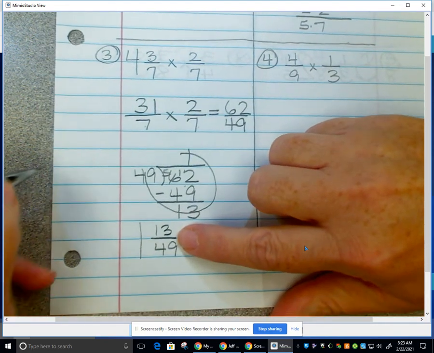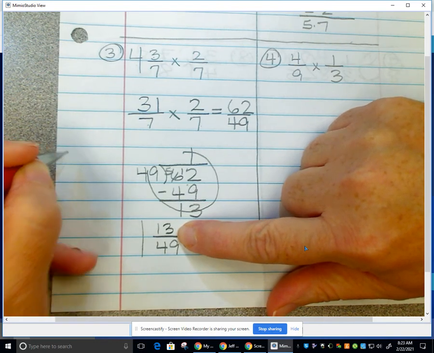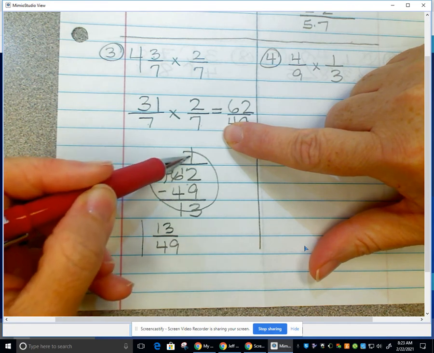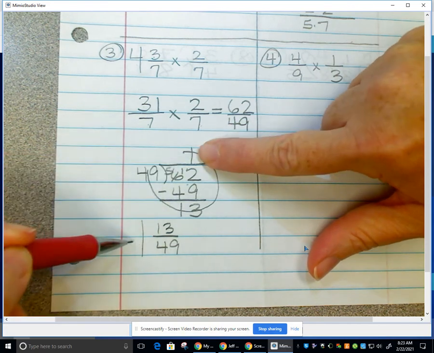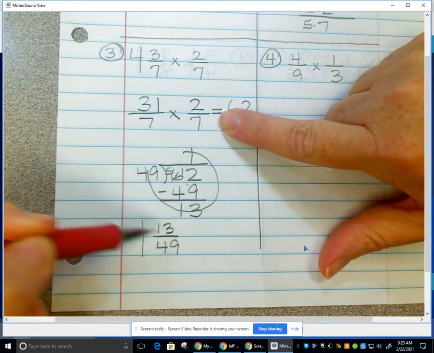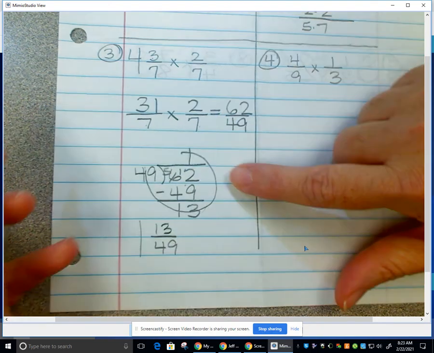And if you come and do factor trees, by the way, remember when you rock around the clock, you start at the top, like at the very top of the clock. There's my whole number. It always goes here. 13 49ths, this makes up the other fraction. This is my whole number, and this makes up the fraction.